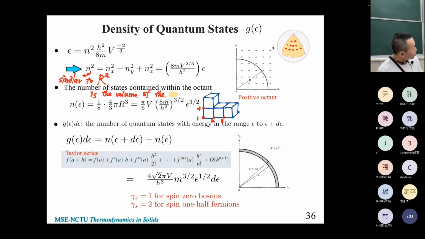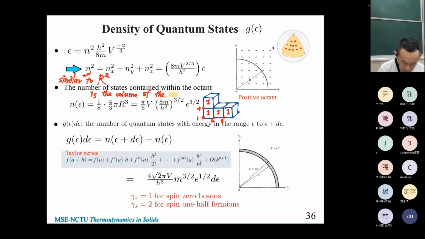Because every number is separated by 1, all you need to do is calculate the volume of this shape, and then you can get the number of quantum numbers in this area. So if you want to know how many quantum numbers in this region, you just calculate the volume. I guess this is really genius.